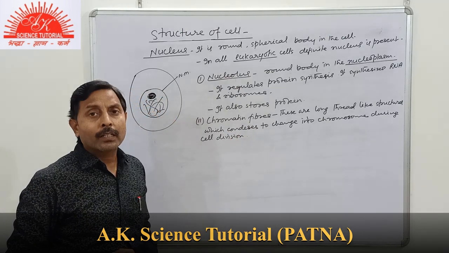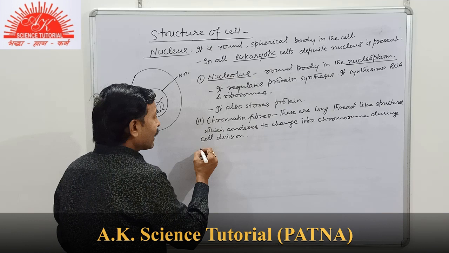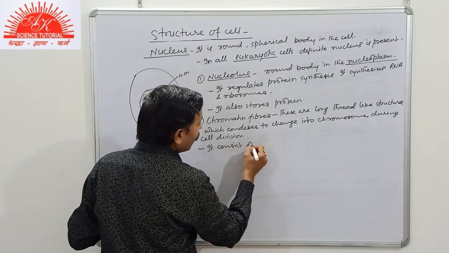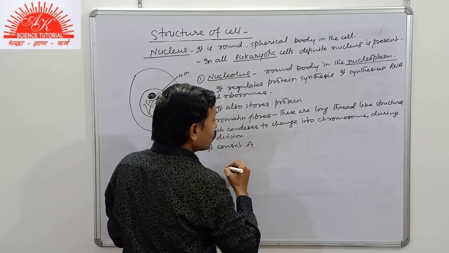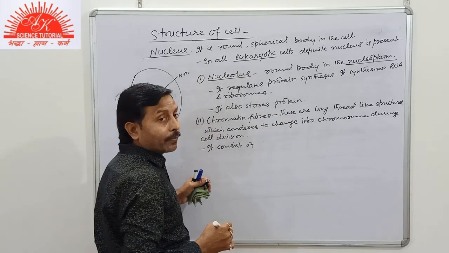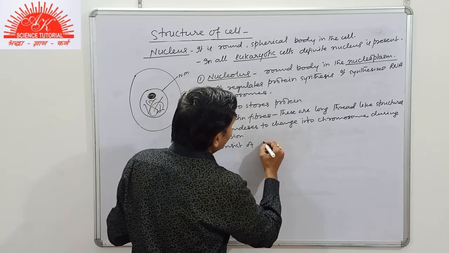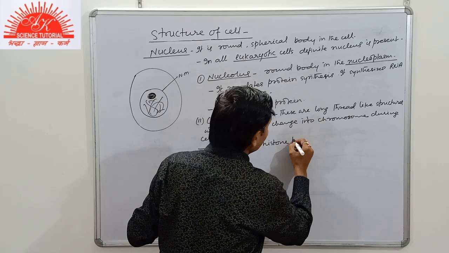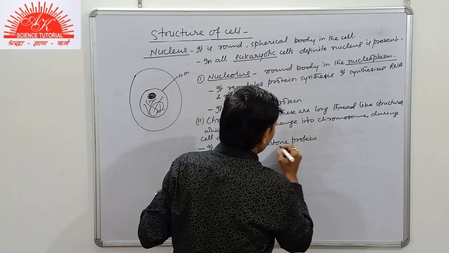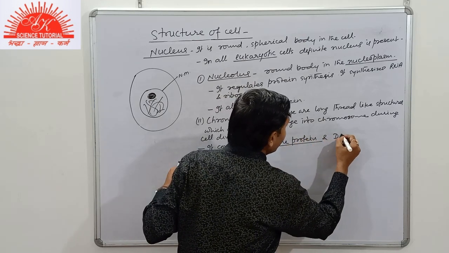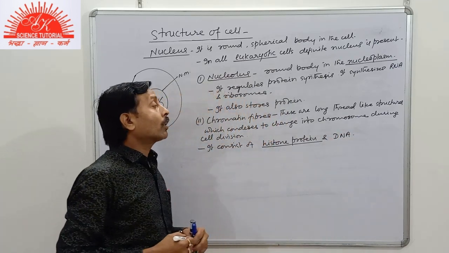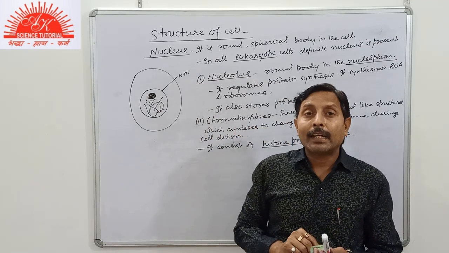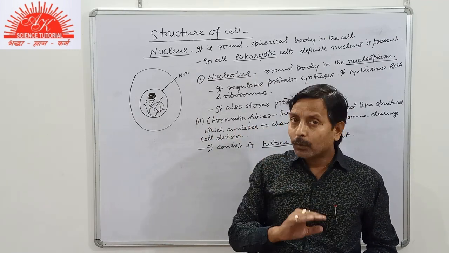Now we see, students, that chromatin consists of nucleosomes, that is, the repeating unit of it is called nucleosome. It consists of histone protein and DNA, that is deoxyribonucleic acid. So RNA and DNA are present inside the nucleus.